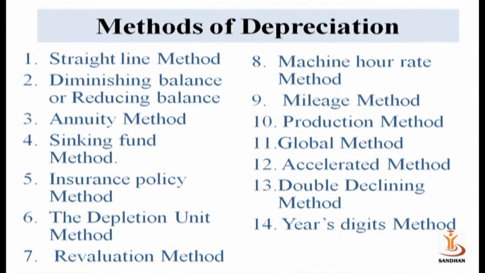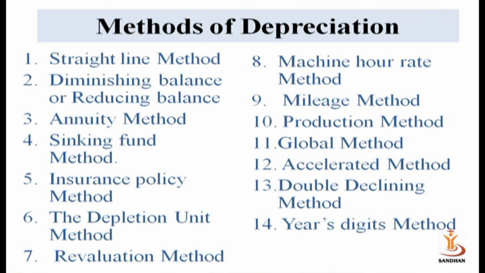Among these 14 methods of depreciation, firms, institutes, and joint stock companies mainly use either the straight line method or fixed installment method or the reducing balance method. The fixed installment method or reducing balance method is mostly used by the firms as well as by the corporates.